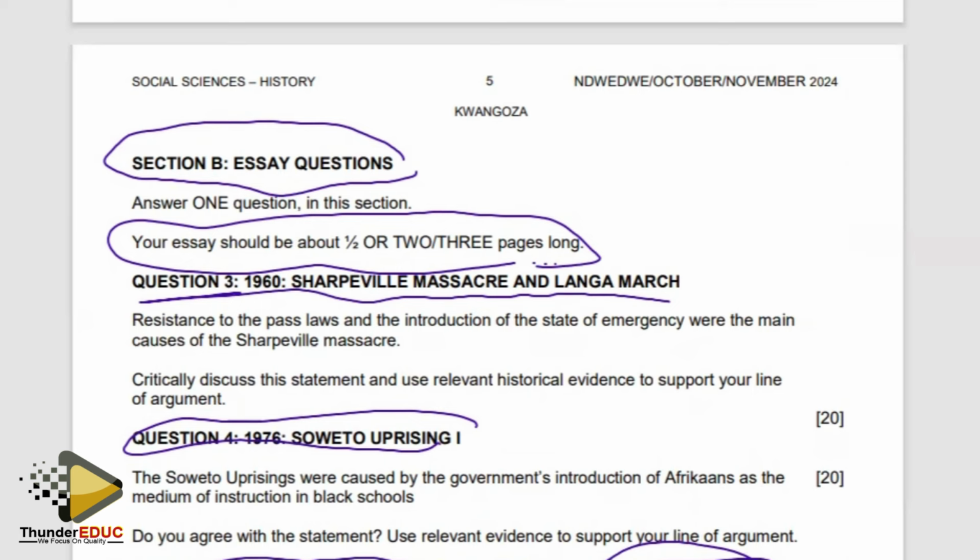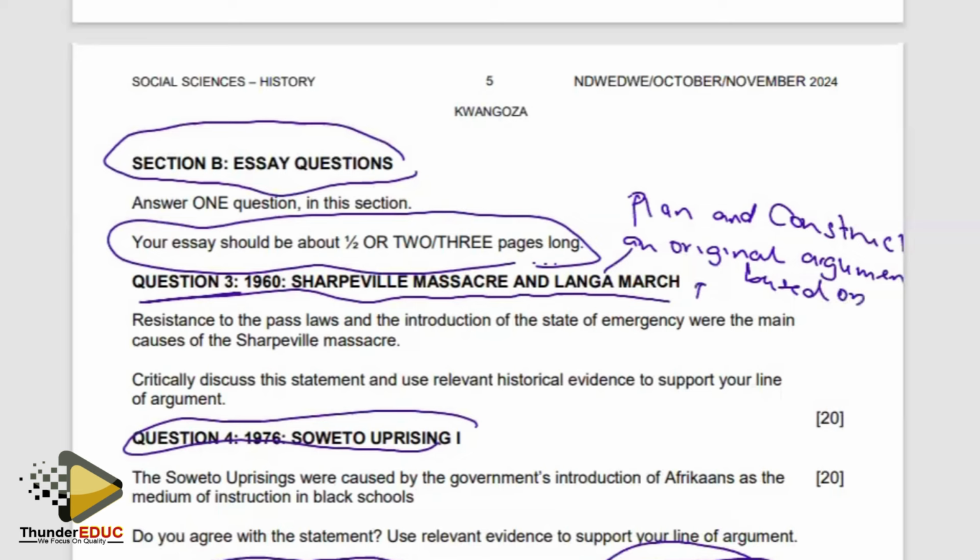First and foremost, you need to plan and construct an original argument based on relevant evidence using analytical and interpretive skills.